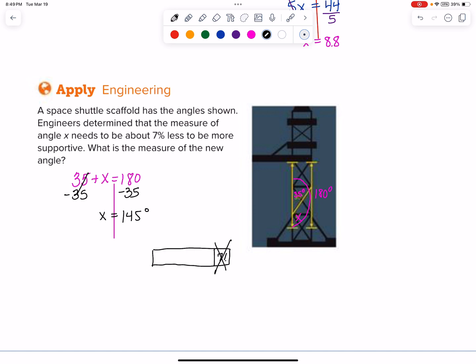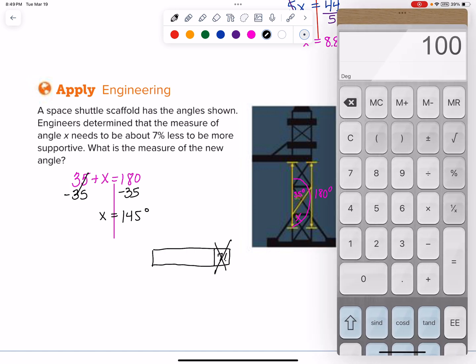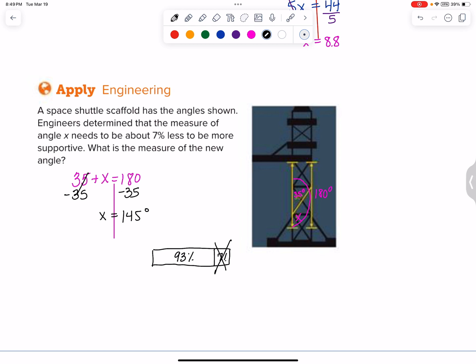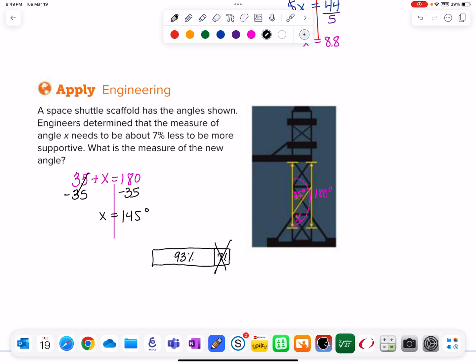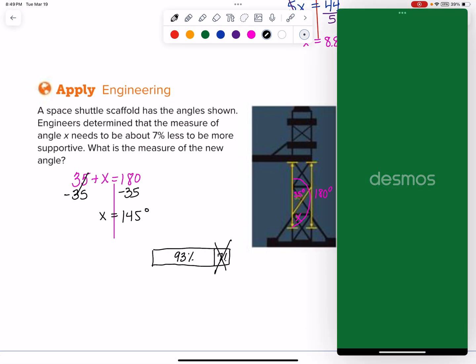I'm taking off 7%, so 100 minus 7 means this amount is 93%. I could find what 7% is and then subtract it, or we could just find what 93% of that is. And remember, we have Desmos that will allow us to quickly solve that.